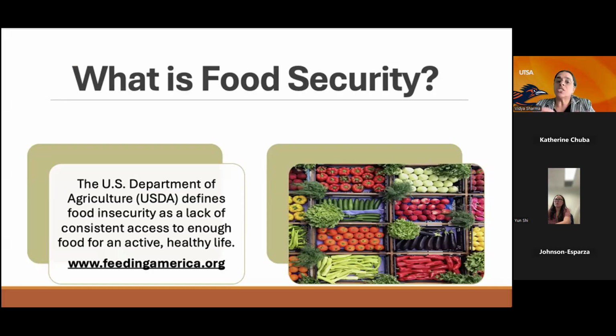So if someone has to ration out, spread out their supplies to make sure that 10 people in the family are able to eat the meals, and they have to maybe cut down on how much they eat per meal or maybe skip a meal, that's all classified as food insecurity.